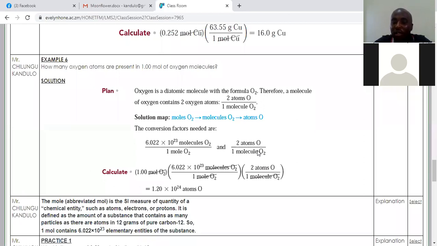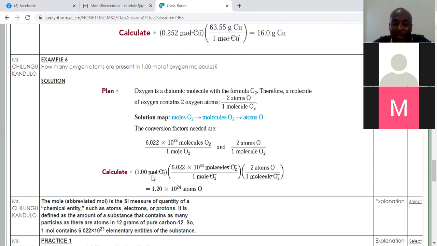But 1 molecule of O2 only has 2 atoms because it's diatomic. So 1 mole of O2 corresponds to Avogadro's number of O2 molecules, then we remember that 1 molecule always has 2 atoms. Then molecule cancels molecule, mole cancels mole, and you multiply everything on top.